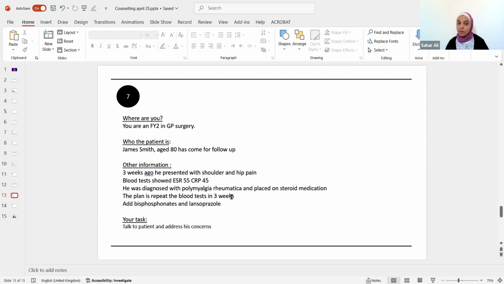Or ask him about the symptoms. Do you have any problems with the steroids, any weight gain, any tummy pain? Ask about side effects. You can also ask about vision affection. Polymyalgia rheumatica is associated with GCA, so ask about vision affection and headaches, as a safe doctor.